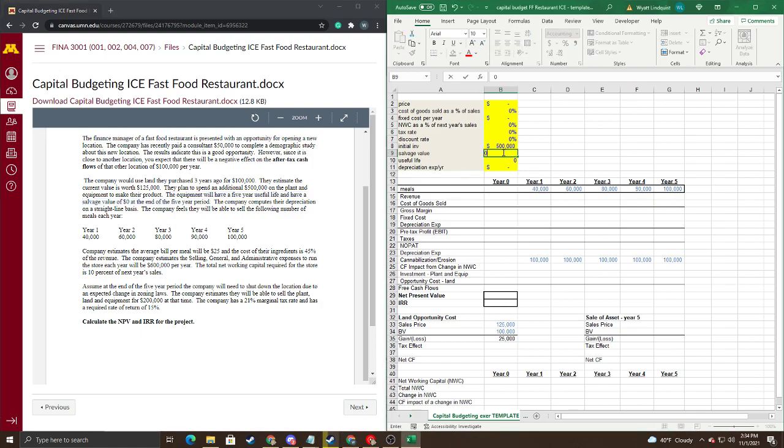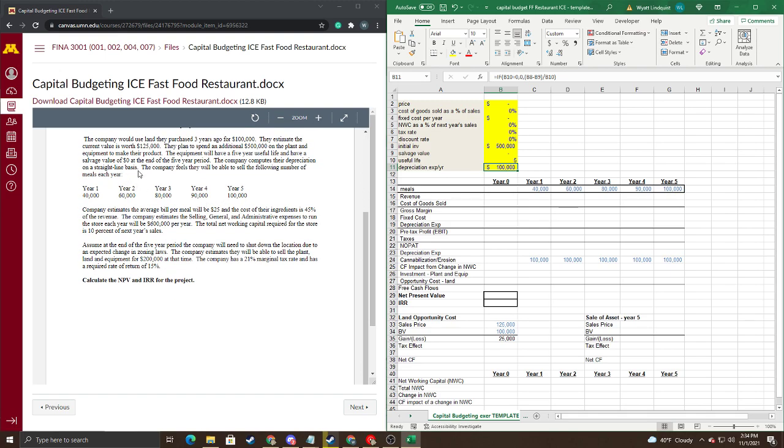So the salvage value will be 0, and the useful life will be 5 years. Now, this automatically calculated our depreciation, so we get $100,000. You could do that manually by just dividing 500,000 by 5, since it is straight line, and so the depreciation will be $100,000 a year.